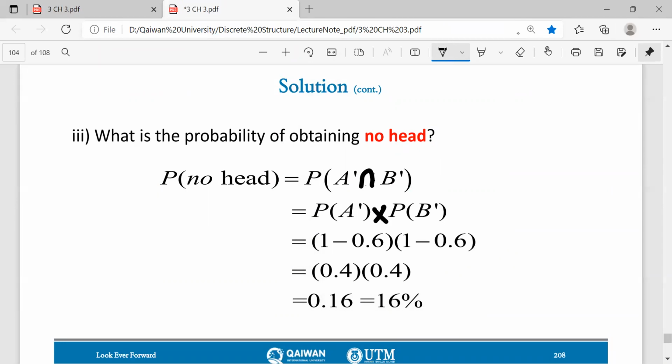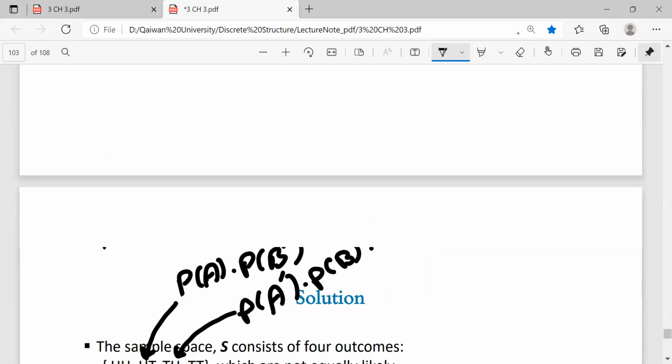Here it is probability of A complement times probability B complement. Probability of A complement is 1 minus 0.6, which is 0.4. And probability B complement is 0.4. Multiplying them is 0.16. That means the probability of no head is 0.16. This is the answer for the third part.